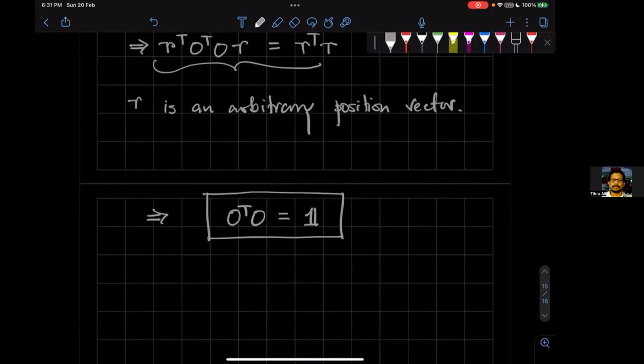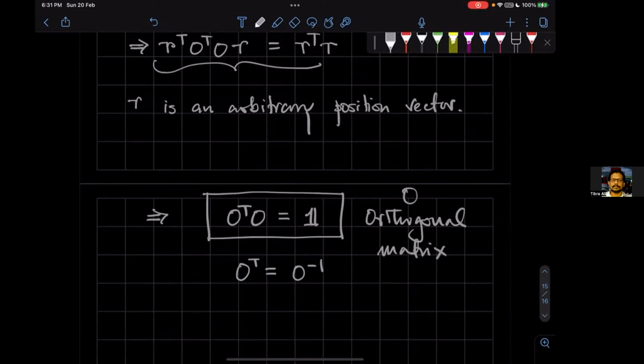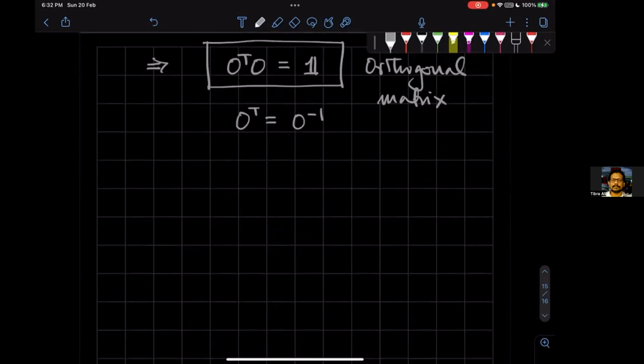All right, so that means that the transpose of the matrix O is equal to its inverse. Such matrices are called orthogonal matrices. So O is an orthogonal matrix. Now comes an interesting statement.